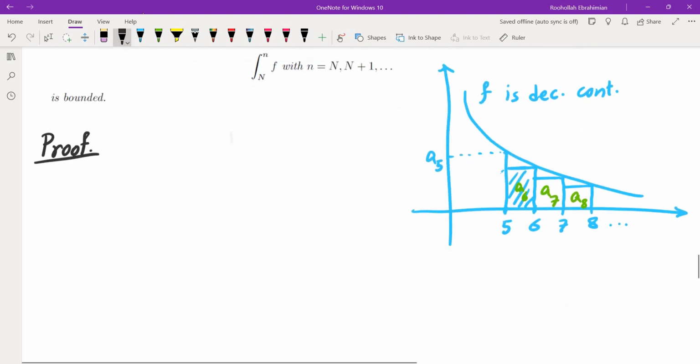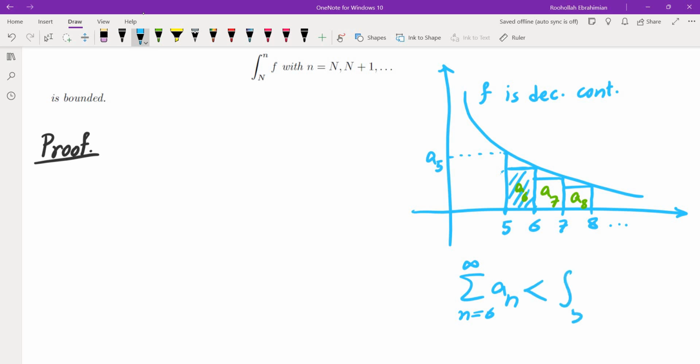So what I can tell is that the sum of these an, n equals 6 to infinity, is less than the integral from 5 to infinity. Less than any of these integrals. I mean, we haven't talked about improper integrals, so less than the integral from 5 to some n.